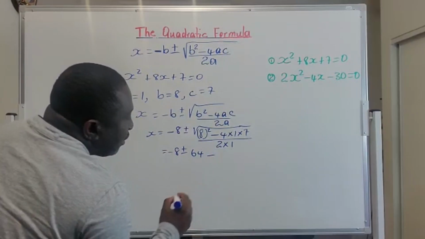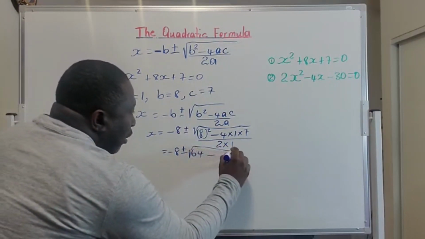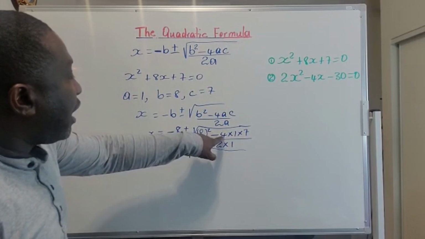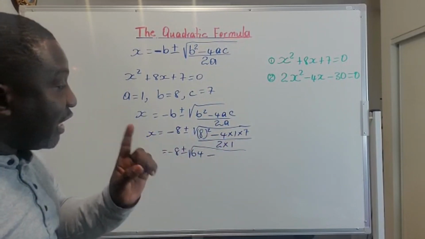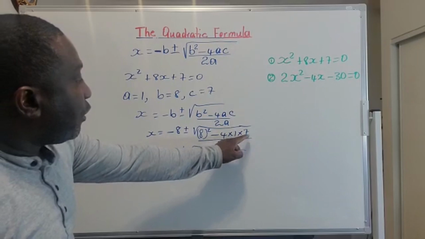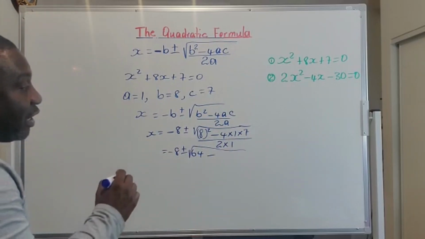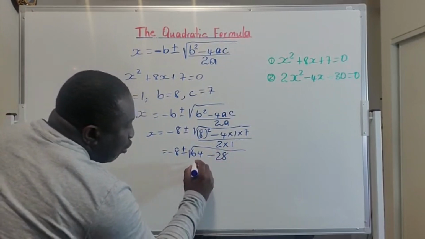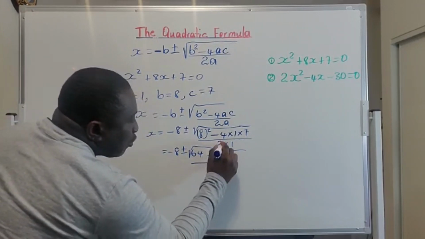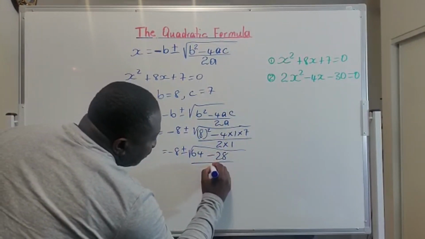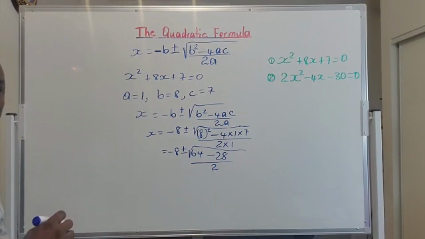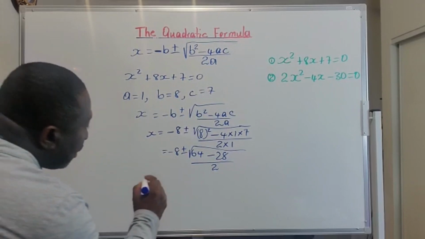Now we're going to be multiplying. 4 times 1 will give us 4. 4 times 7 will give us 28. So 28 all upon 2 times 1 will give us 2. We continue working, guys.